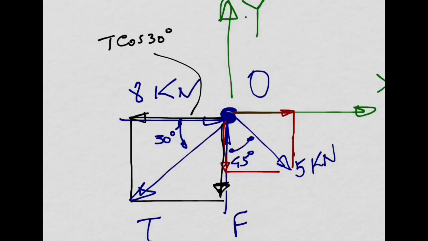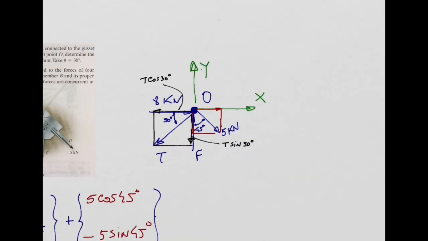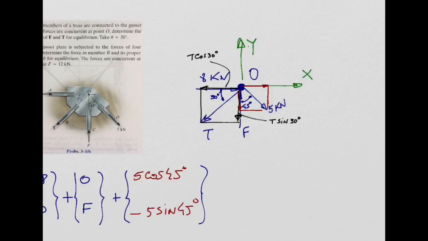Now this one here, you tell me now. T sine 30. Very good. T sine 30. So don't forget this is the length or the intensity of these components, or the norm of these components.